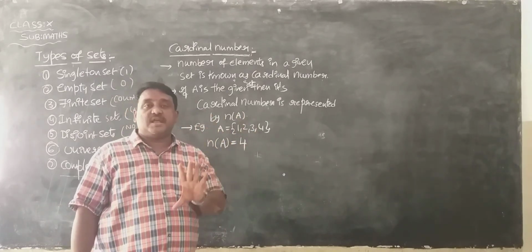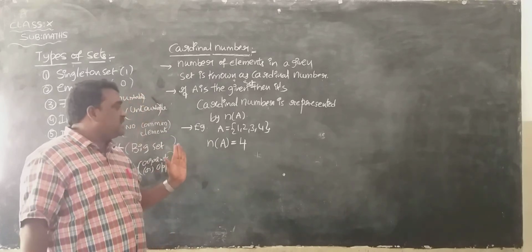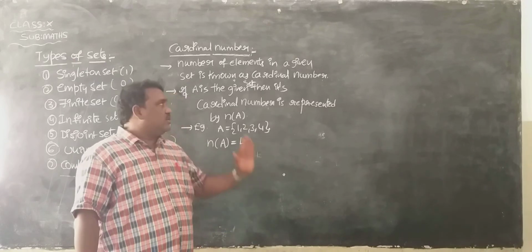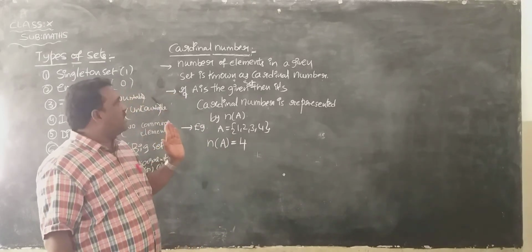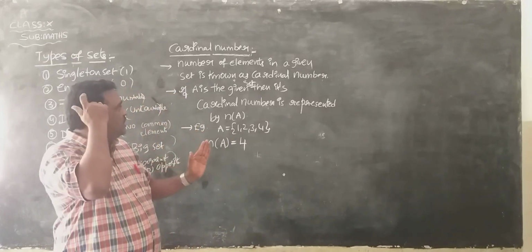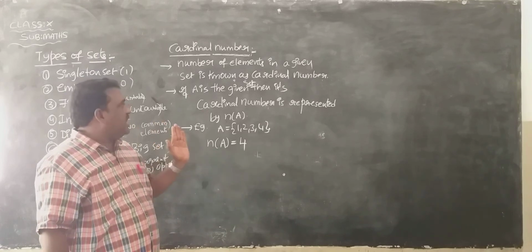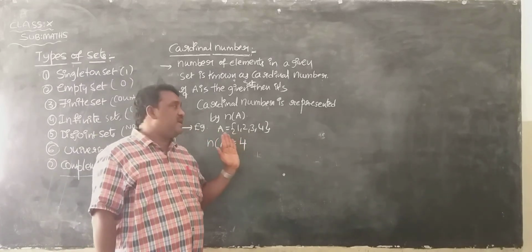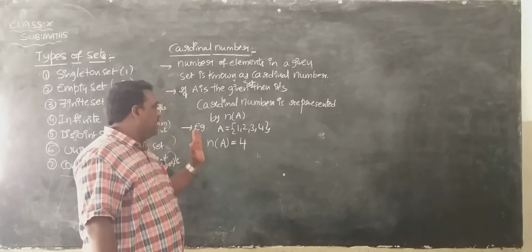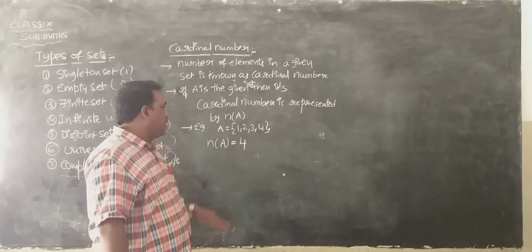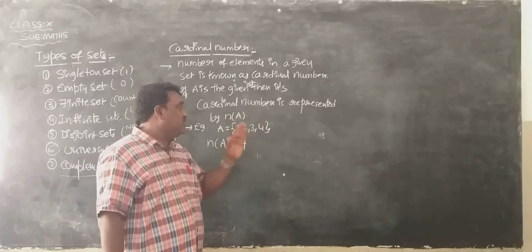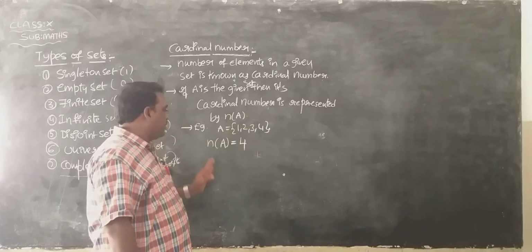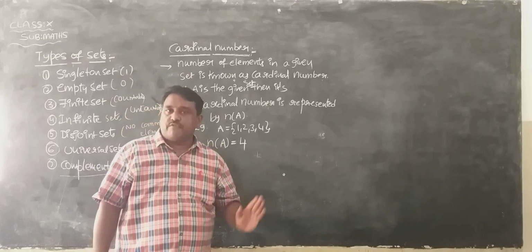Okay? So what is cardinal number? Number of elements in a given set. If A is a given set, then its cardinal number is represented by n of A. Example: A equal to {1, 2, 3, 4}. How many elements are there? You count. 4 elements are there. n of A equal to 4.